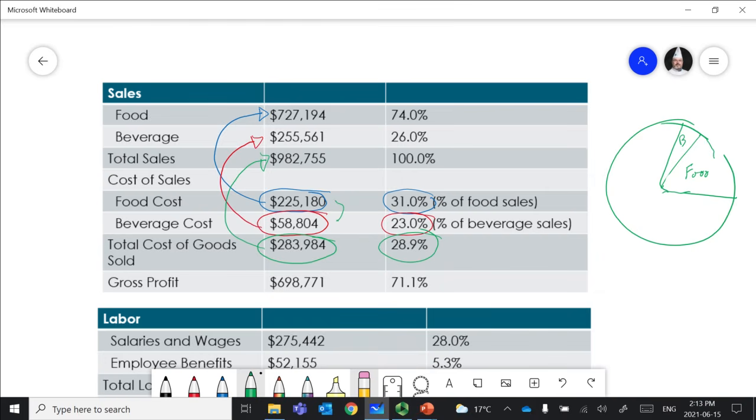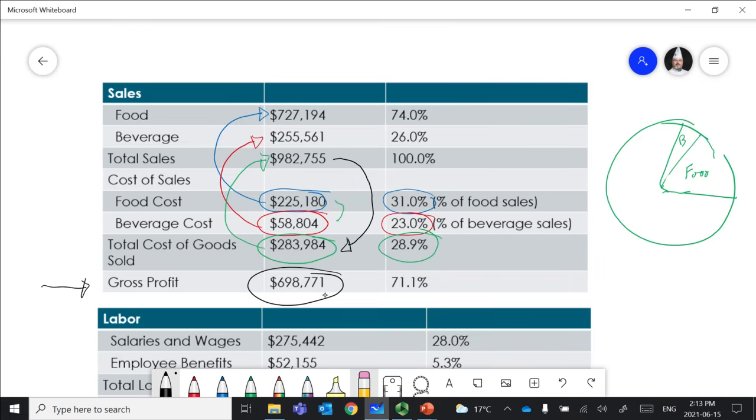Now, gross profit, what we've got left here, this $698,771, is $982,000 minus our $283,984, right? This is our total sales minus our total cost of goods, which gives us this first check-in point of gross profit.